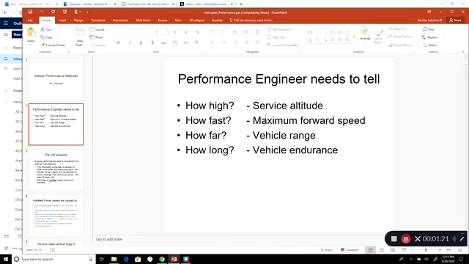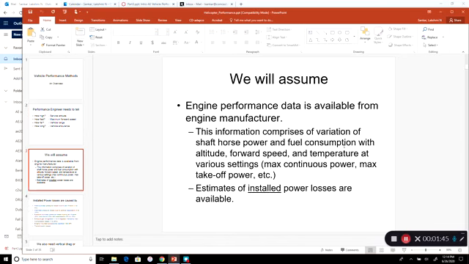We often want to know how fast we can go, what is the maximum forward speed, how far I can travel, which is the range, and how long I can stay up in the air, which is the vehicle endurance. These are some of the things we are going to be looking at in this particular series of videos.